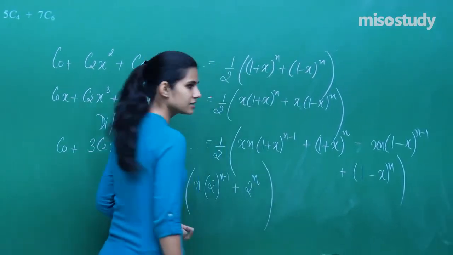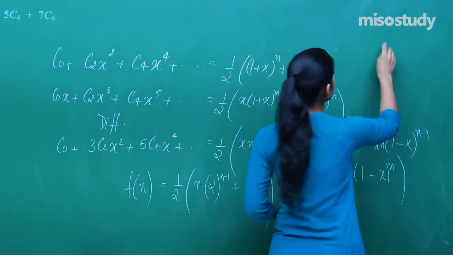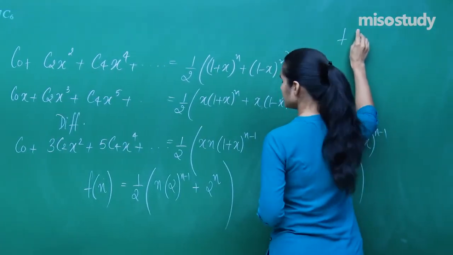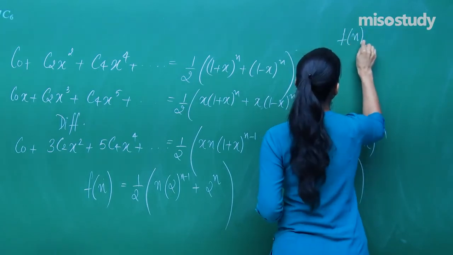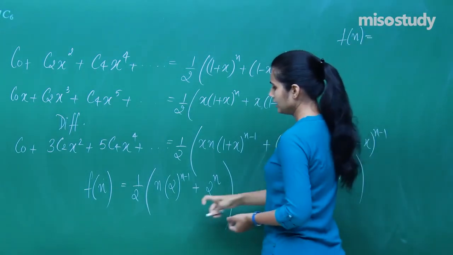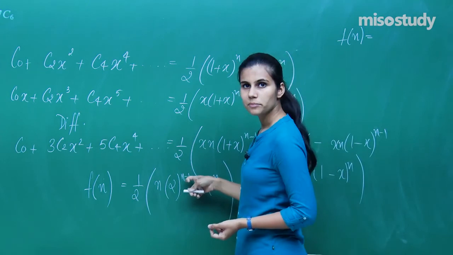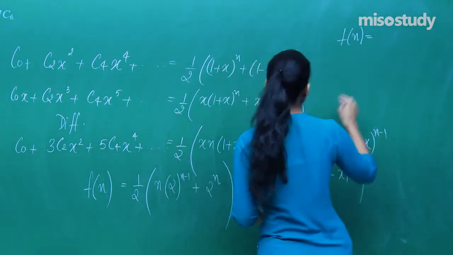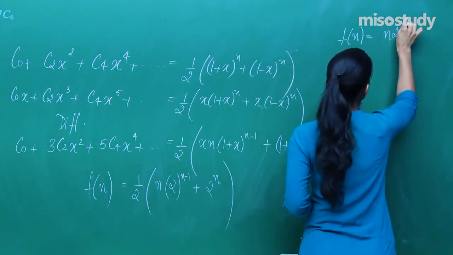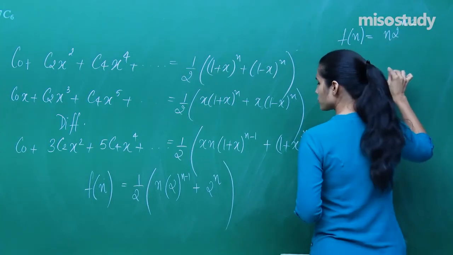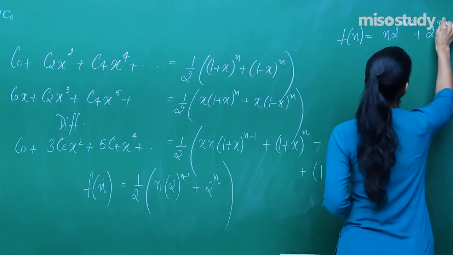So that's what you get. The moment you get this, f(n) equals, this is n into 2^(n-2) plus 2^(n-1).